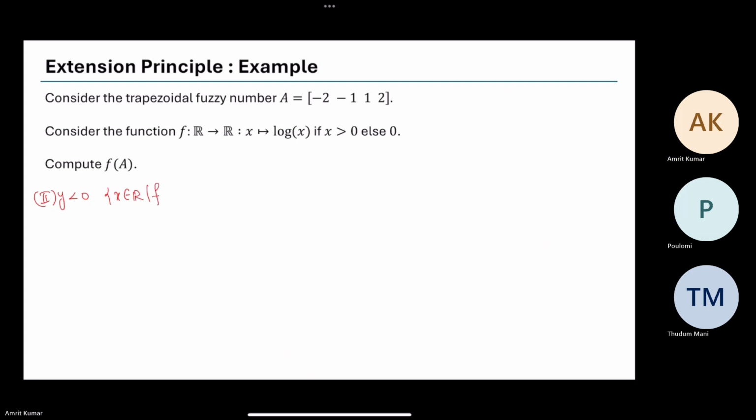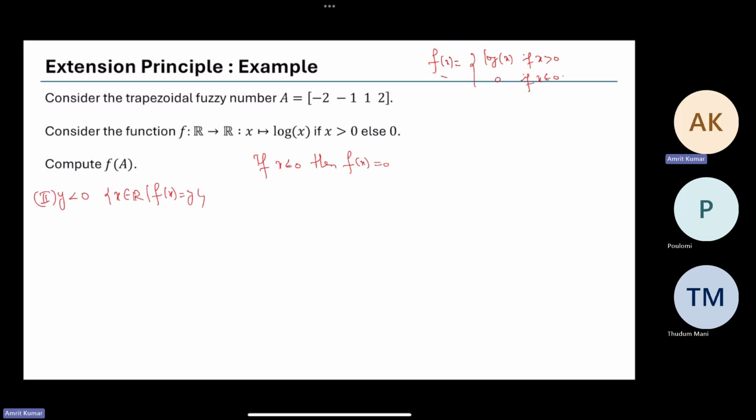Now, let us look at this set again: the set of all x such that f of x equals y. Remember our function f of x is log x if x is greater than 0, and it is 0 if x is less than or equal to 0. Now, if x is less than or equal to 0, then f of x is equal to 0 by definition.